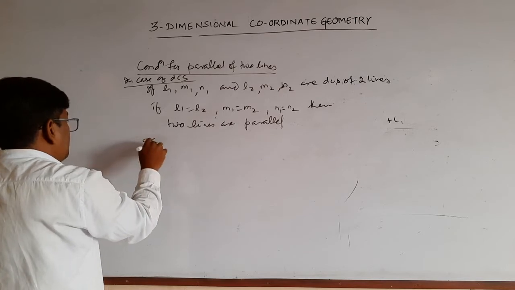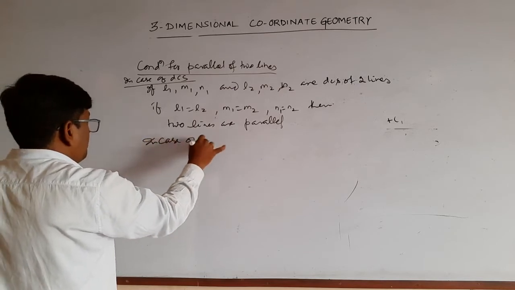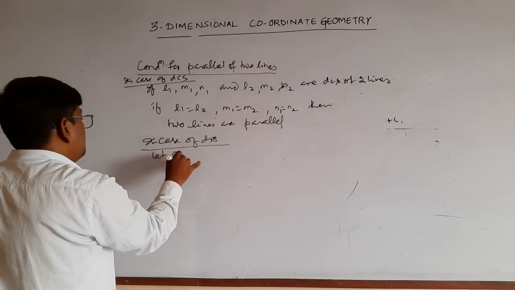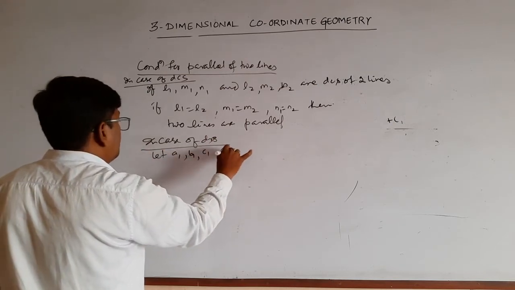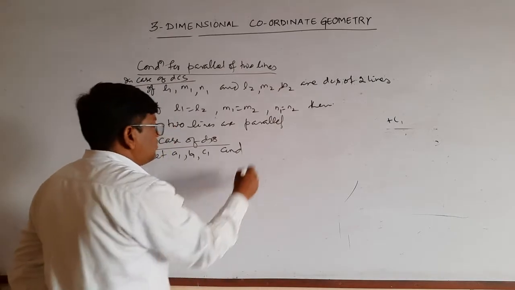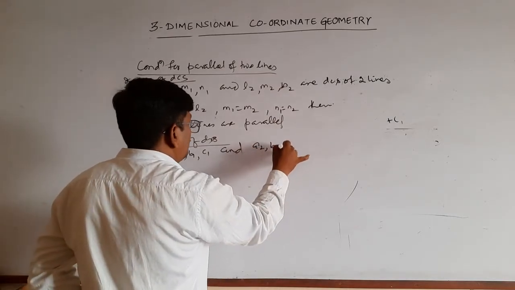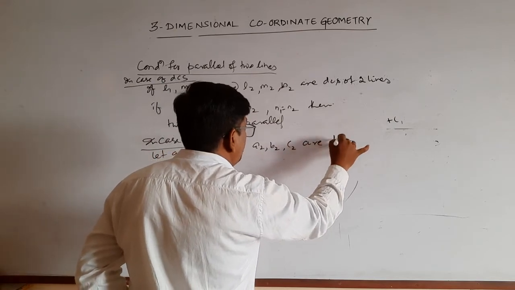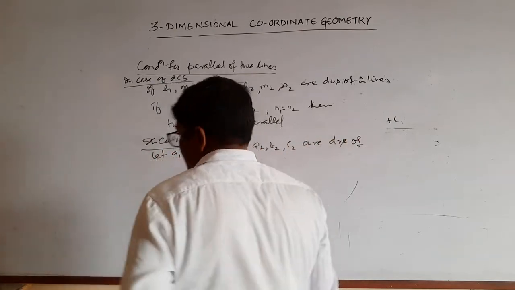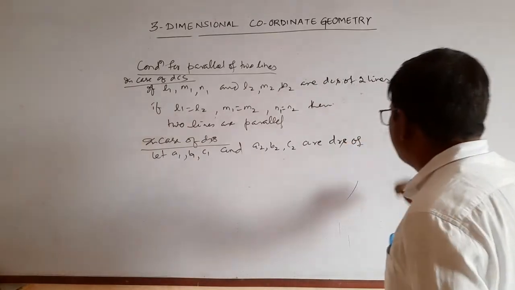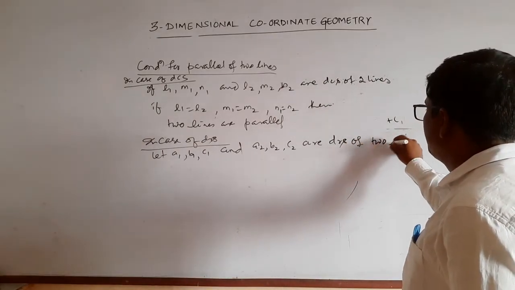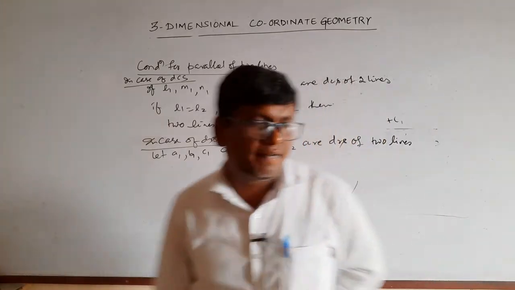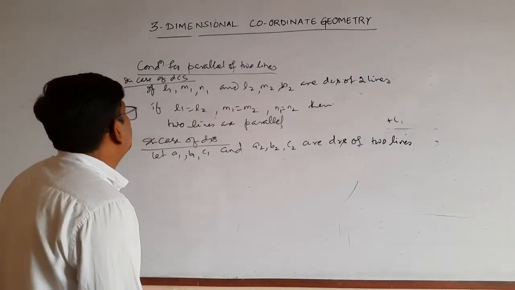In case of DRs, let A1, B1, C1 and A2, B2, C2 be the DRs of two lines.